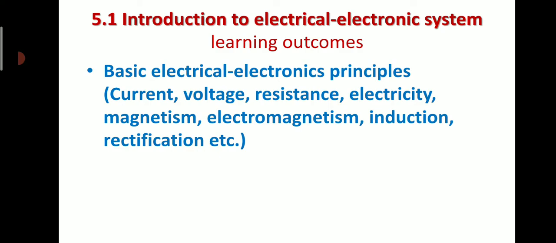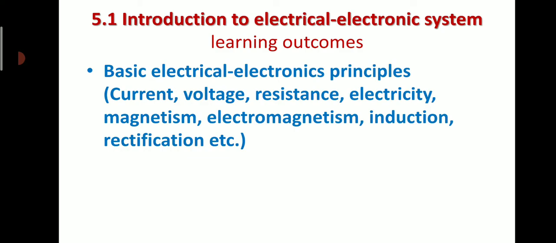You might have studied these terms in the first year or second year in the subject related to electrical and electronics. But again, if we want to study the components of automobiles which use electrical engineering and electronic systems, then we must revise such terms.